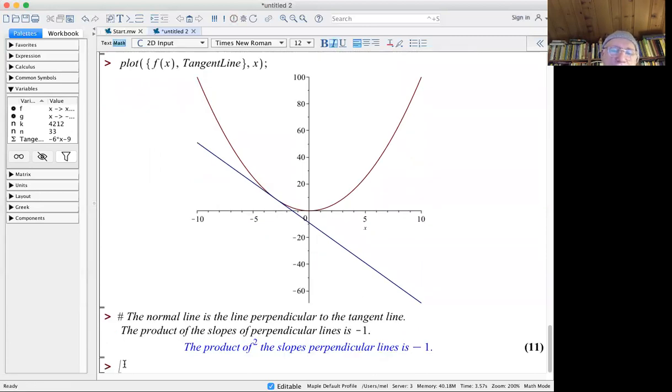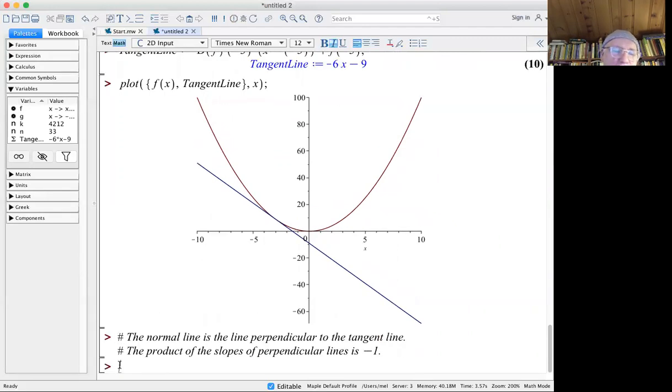So how do we find the normal line? Oops, I should have had this hashtag, which means just text. So what is the normal line for this function f of x equal x squared at x equal negative 3? It's the negative reciprocal of the slope of the tangent line.